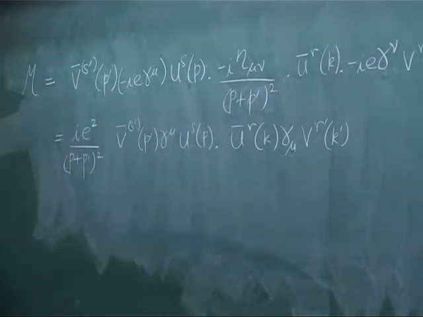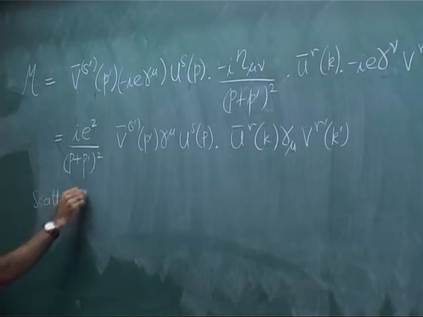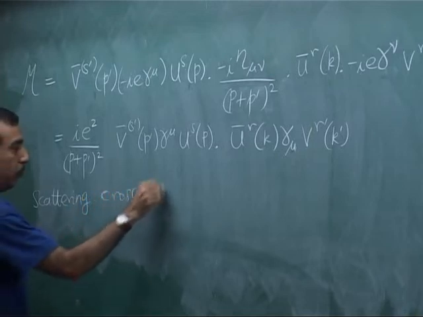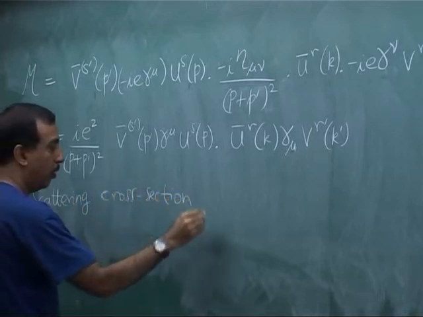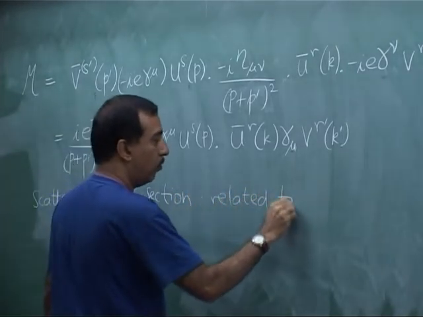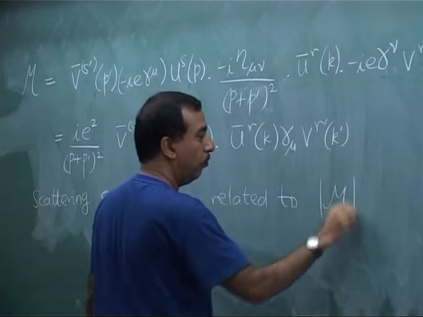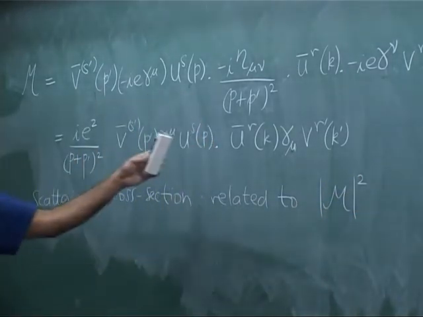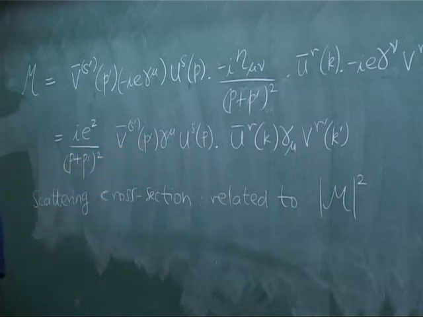Now, the physical quantity we observe is the scattering cross section, and it requires a fair amount of work to relate this to mod of m squared. Of course, you expect that there must be a mod of m squared because this is an amplitude.